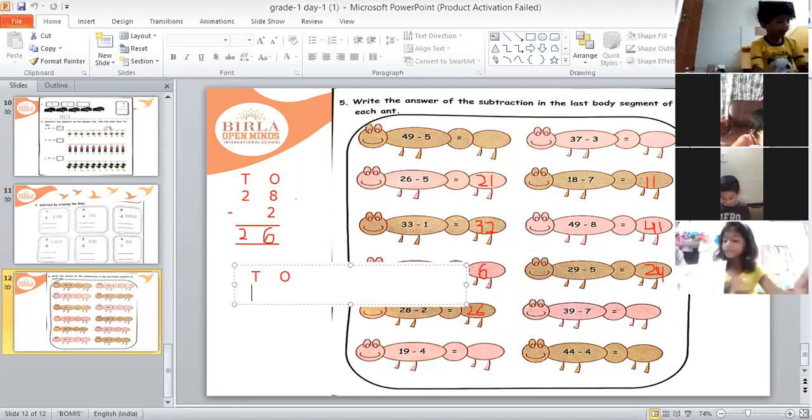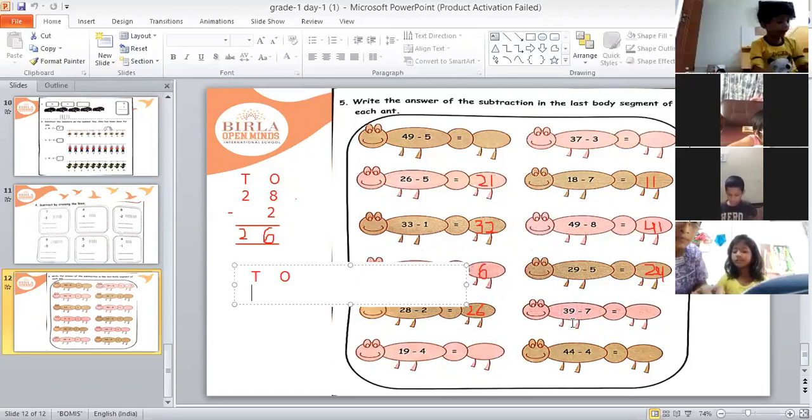Look where it is. 12th one. What is the number? 19? 94? No. Before that, third last question. Third last. 39 minus 3, ma'am. No, ma'am. 39. 39 minus 7, ma'am. Ananya? Yes, ma'am, this one.